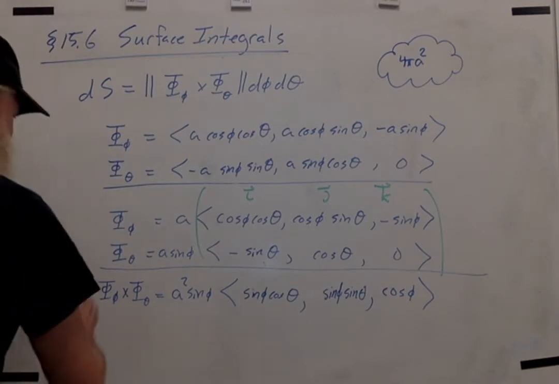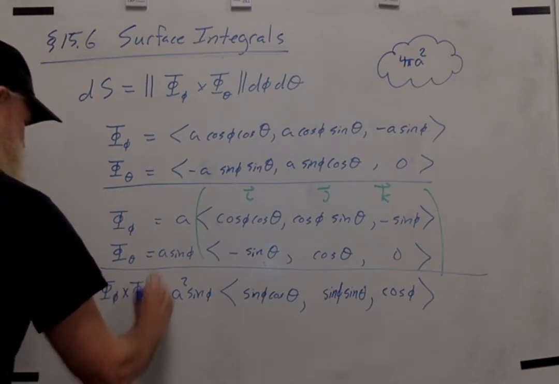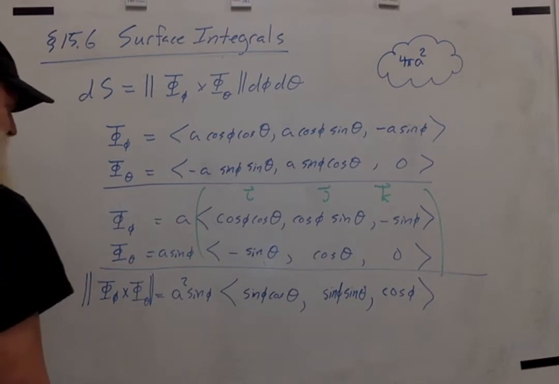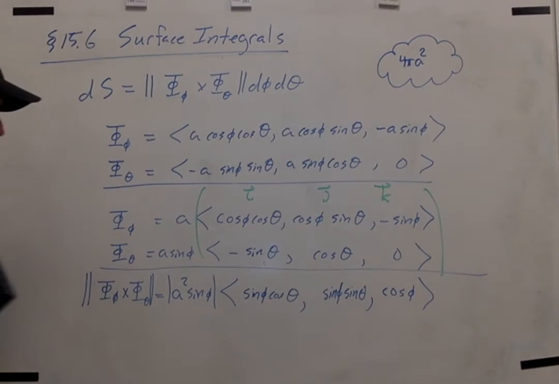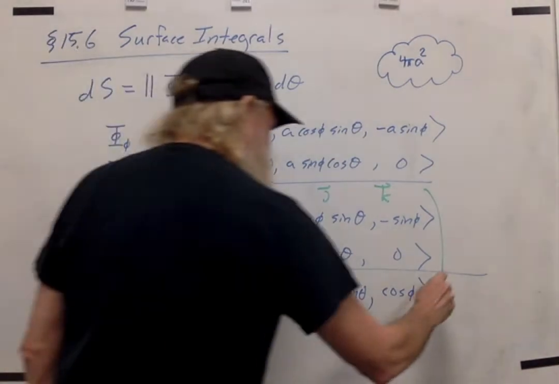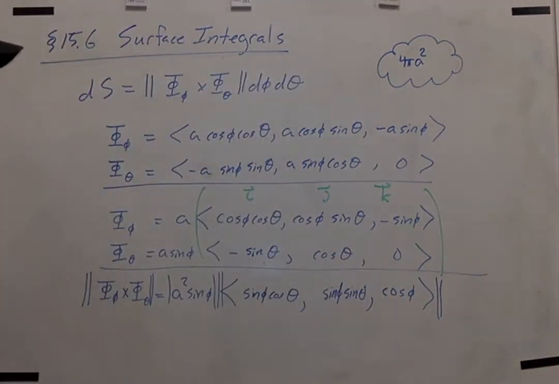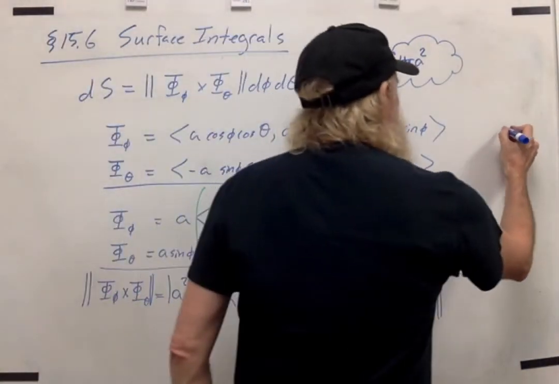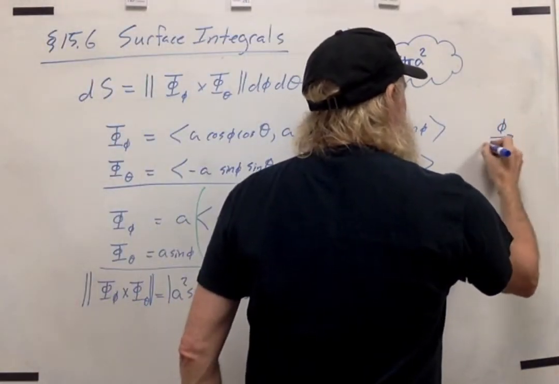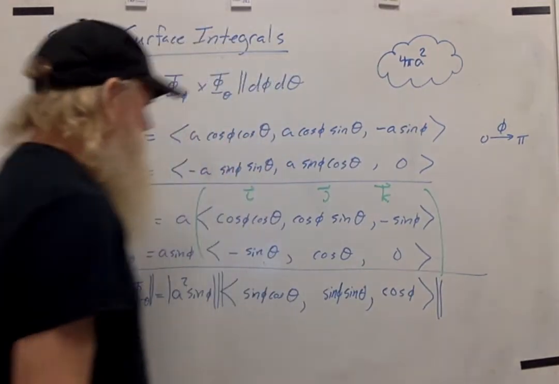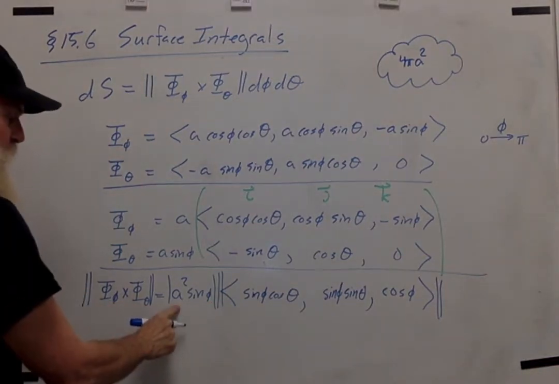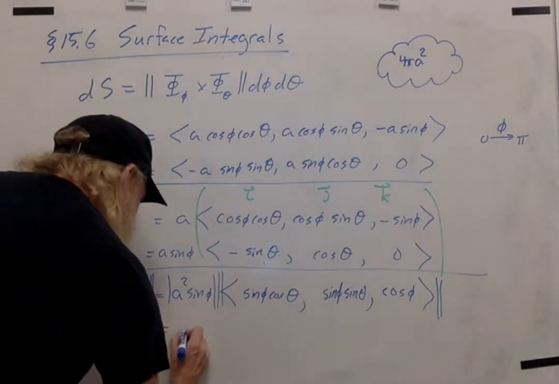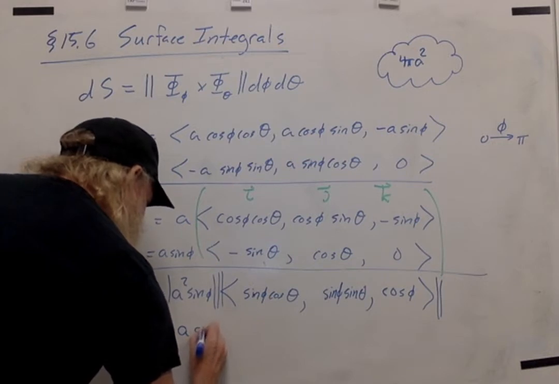So when I take the magnitude of d phi dt crossed with d phi d theta, that'll be the absolute value of a squared sine phi times the magnitude of this vector. Now remember, phi is running from 0 to pi, and if phi is between 0 and pi, sine of phi is positive, and a squared, of course, is positive, so I can actually drop the absolute values.